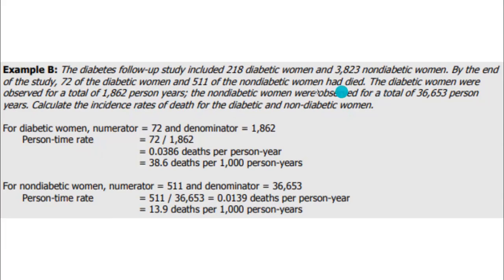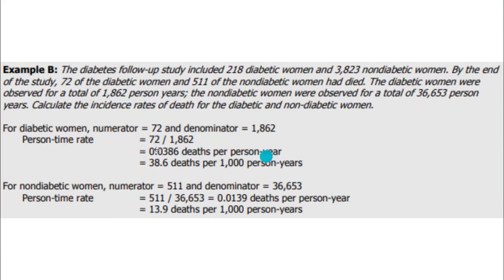So 72 here represents the number of deaths occurring in diabetic women in that particular period of time. And then we divide it by the total person years of the diabetics in that study, which in this case is 1,862. So we now get 0.0386 deaths per person year.